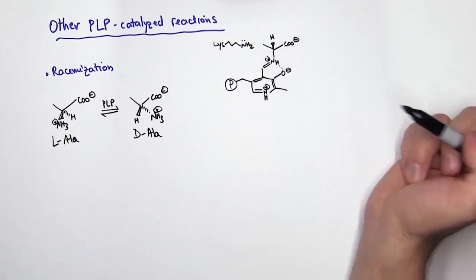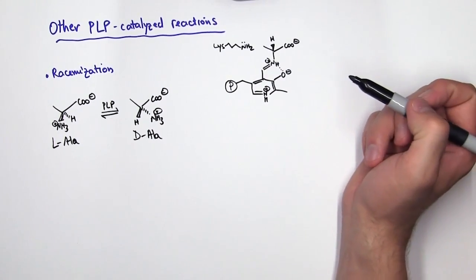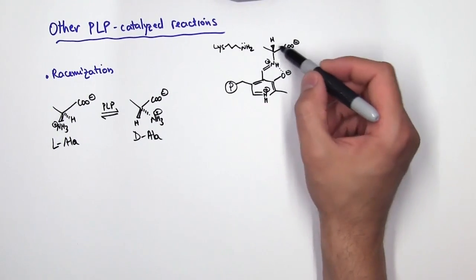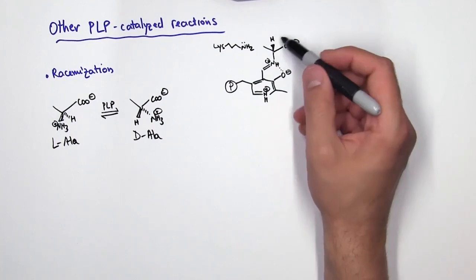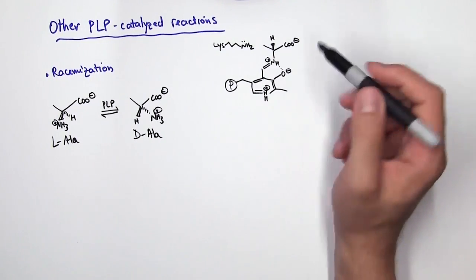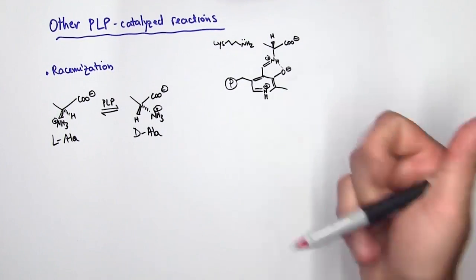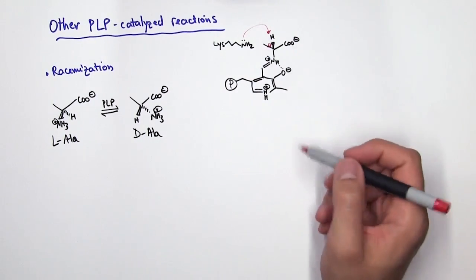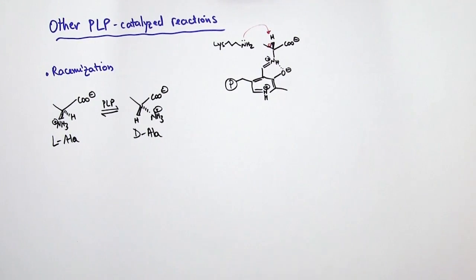And here is our active site lysine. As we've seen before, this alpha hydrogen is acidic enough that it can be removed by the lysine. And it's going to form a carbanion at this position.